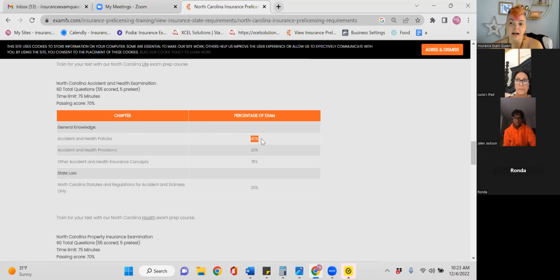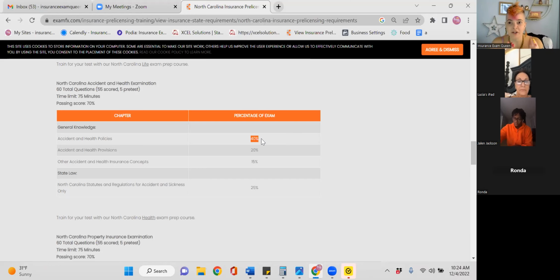Now, North Carolina is actually weird in that they keep Medicare separate. So if you plan to sell Medicare, Rhonda, you would have to take a separate Medicare exam. So when we teach the class later today, I usually go Medicare, long-term care, but I'm actually going to go long-term care, Medicare. That way, those of you who don't need Medicare can dip out and you'll still get the long-term care.